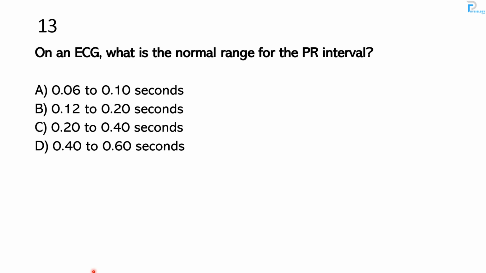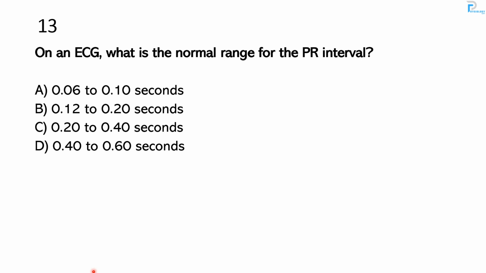So PR interval refers to how long the impulse requires to be conducted from atrium to ventricle. A short PR interval means fast conduction, and a long PR interval means slow conduction. A long PR interval is considered a first degree heart block, where there is a delay in the conduction of impulse from atrium to ventricle.